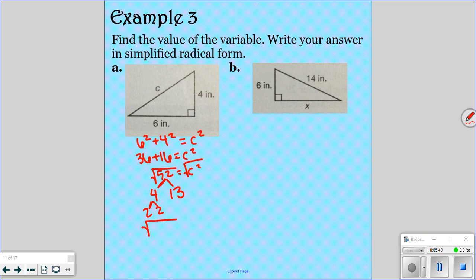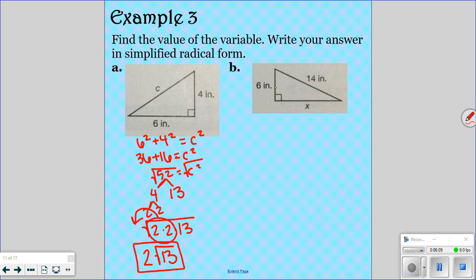So instead of saying the square root of 52, I can say the square root of 2 times 2 times 13. We're going to take this pair of 2's and put them on the outside. And so that's going to become 2 square root of 13. And that would be c in simplified radical form.